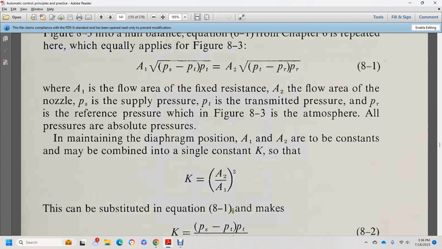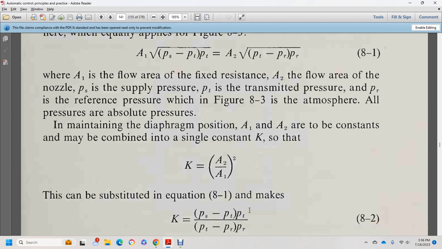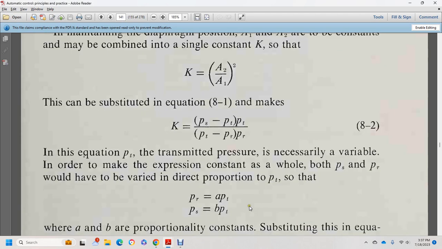This can be substituted into equation 8.1, which makes K the combined single constant: supply pressure minus transmitted pressure, times transmitted pressure, over transmitted pressure minus reference pressure, times reference pressure. In this equation, the transmitted pressure is the necessary variable, in order to make the expression a constant of the supply pressure and reference pressure.